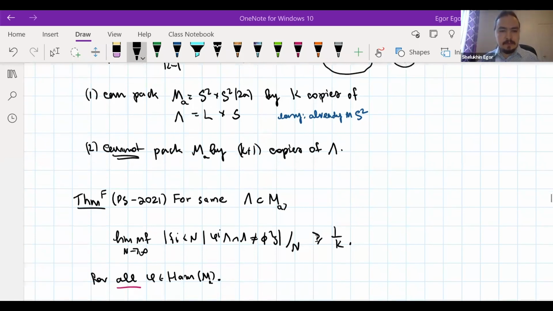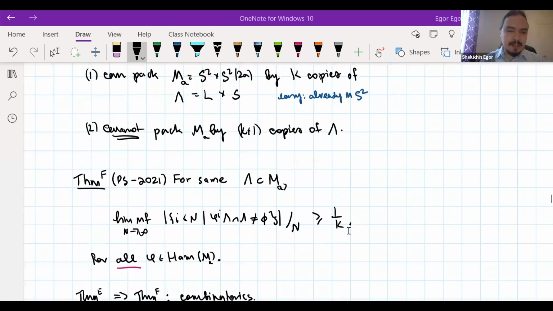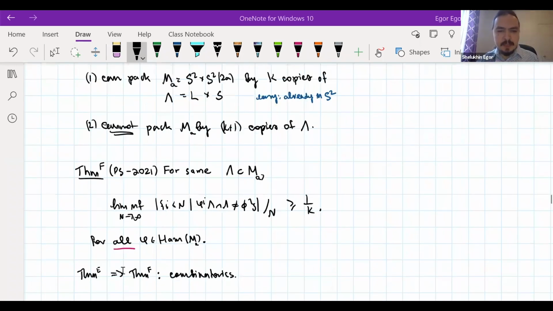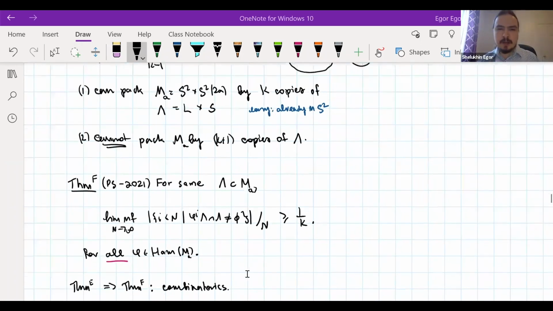Theorem E, about packing, implies theorem F by a certain combinatorial statement, which you somehow immediately think is obvious. Then you realize that it's maybe not so obvious, and then after two days you realize that it's actually not so difficult.